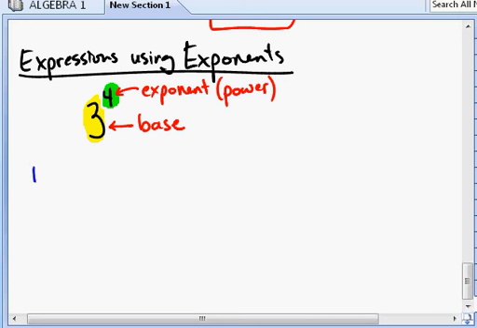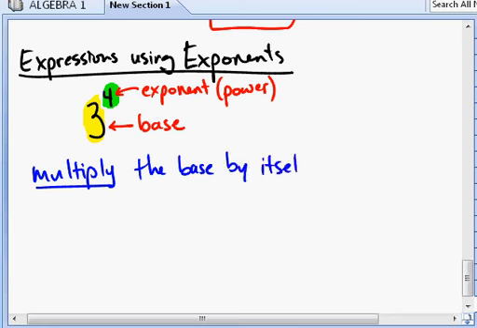It means multiply the base by itself 4 times, because the exponent is 4. So 3 to the 4th means multiply 3 times 3 times 3 times... Is that enough 3s? No. How many 3s do I need? You need 4 threes because the exponent's 4.